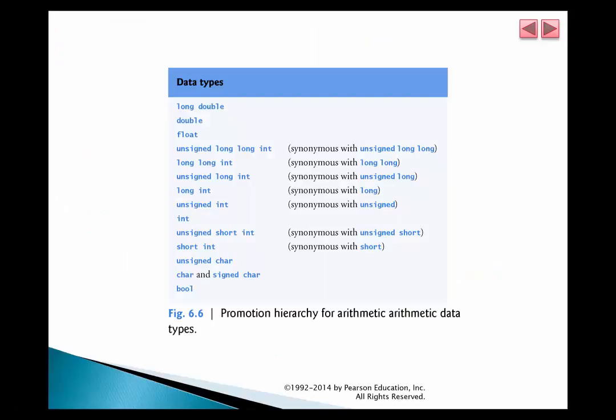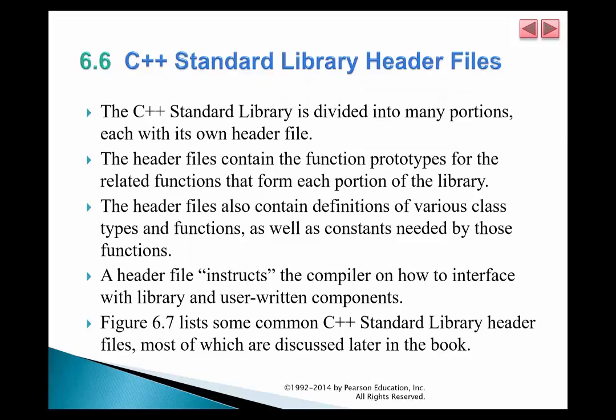I'm not going to go through all these various data types. You've got unsigned long int, long int, all kinds of various ones out there. Our header files, we've been using them.